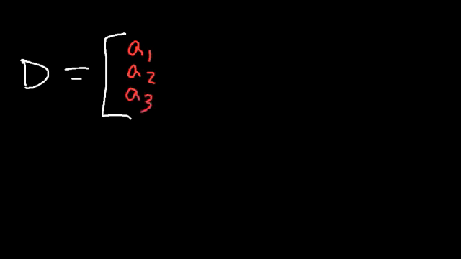Now the next thing that we need to talk about is how to solve a 3 by 3 matrix, how to calculate the determinant for it. So let's say this is a1, a2, and a3. And if this is b1, b2, and b3. And if we have c1, c2, and c3.